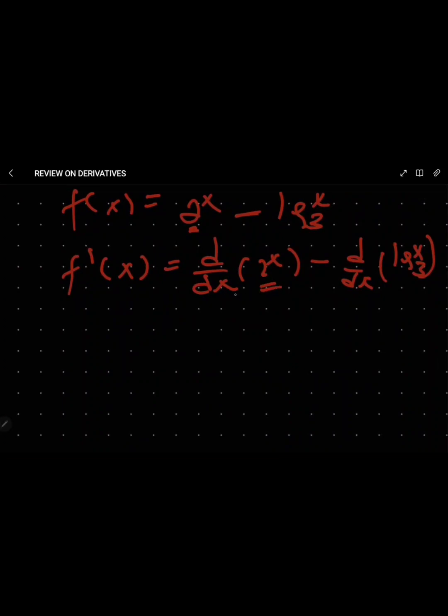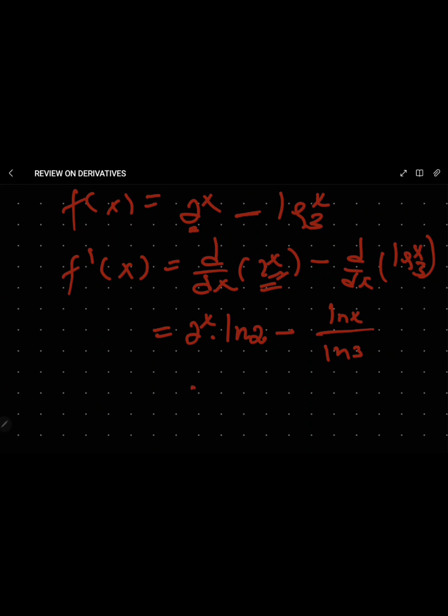The only thing you do is multiply the original function by the ln of the base. So this is equal to 2 to the power of x times ln 2, minus, how do you do the logarithm? We have already discussed the above. You can first write it as ln of x over ln of 3.